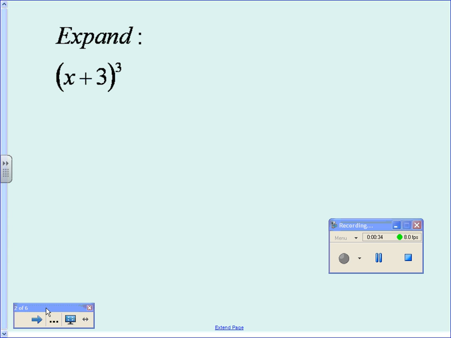How are we going to do x plus 3 cubed? Those are not the same thing. Does not equal.